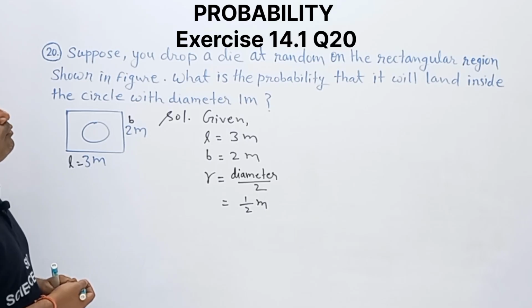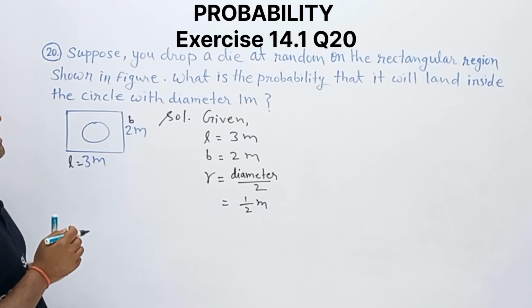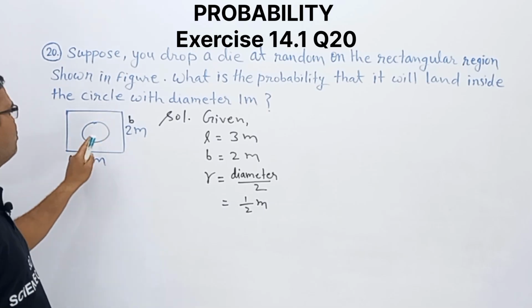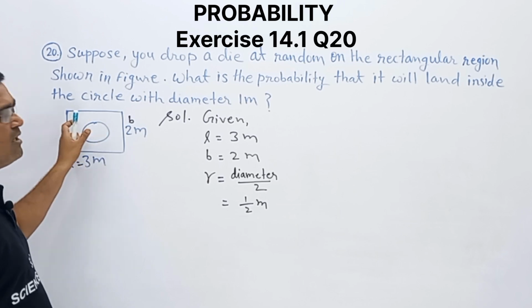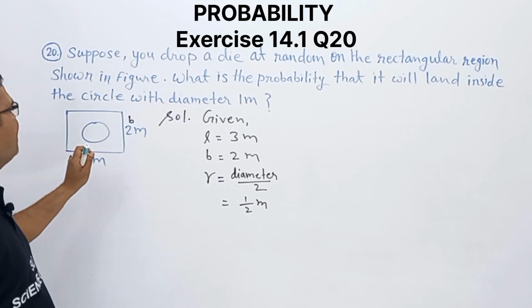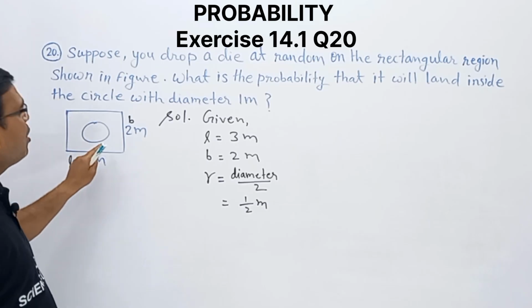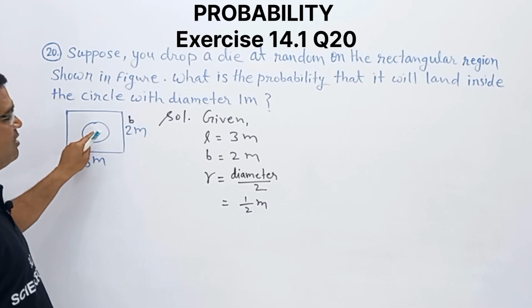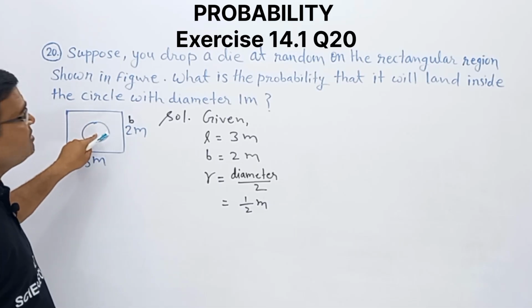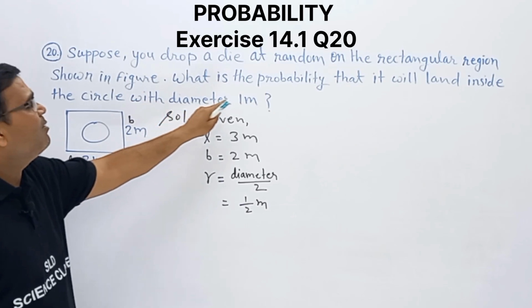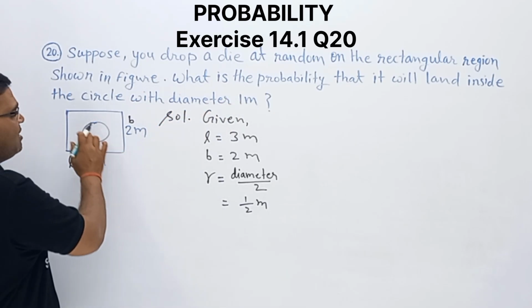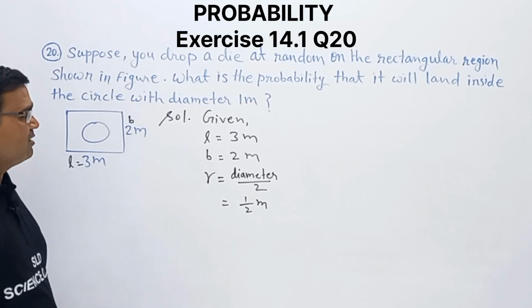What is the probability that it will land inside the circle? Die will land inside this circle, and this circle has diameter 1 meter, so its radius is 1 by 2 meter. Clear?